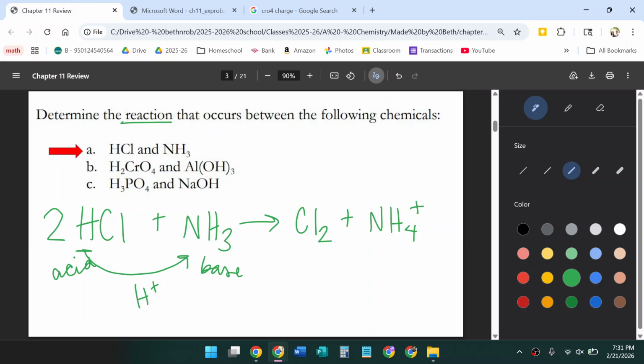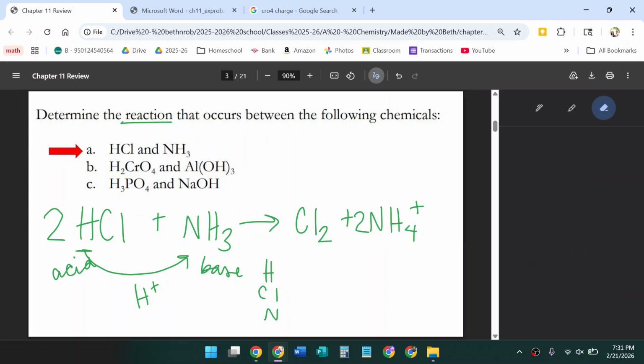We now have 3 H's here, and we have 2 H's before that. That makes 5. So we don't have quite enough H's to fix this. So let's just add another 2 here and see what happens. If we add a 2 here, we now have 8 H's on this side.